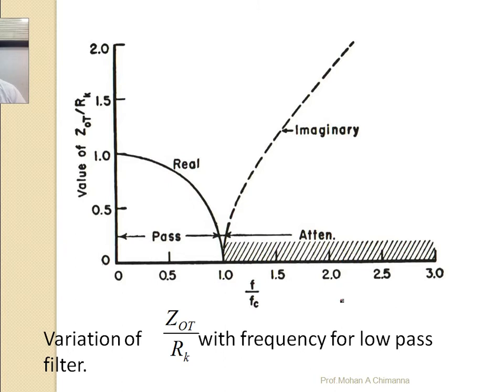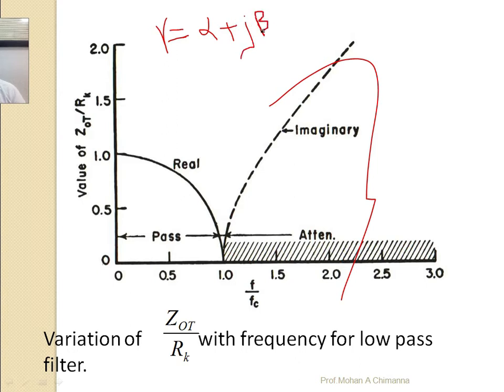The attenuation alpha and phase constant beta make up the propagation constant, which is generally represented by gamma. Gamma is equal to alpha plus j beta. See here is the alpha plus j beta. Once alpha is equal to 0, your attenuation is 0, and alpha equal to infinity means it provides strong attenuation.